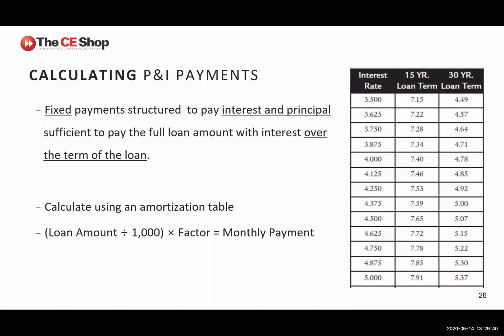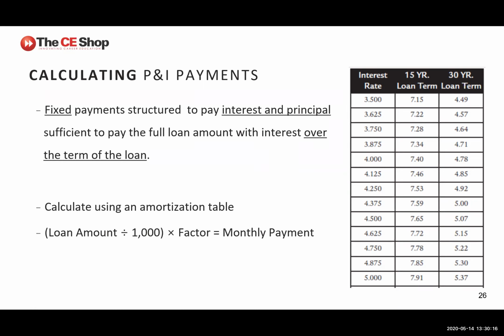You take the loan amount divided by $1,000, and that gives you the number that you have to multiply by the factor. Usually you'll be told the interest rate and how many years your loan is. So if they told you you had a 4% interest rate for 30 years, you would slide down to 4%, slide over to the 30-year loan, and your factor is going to be 4.78.